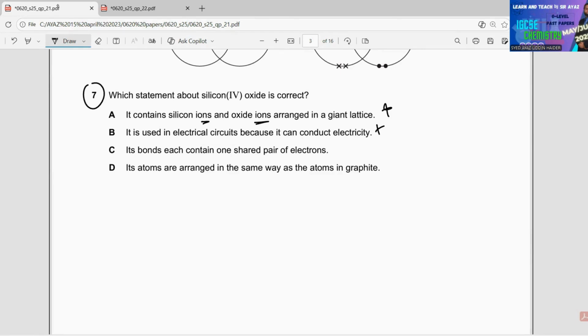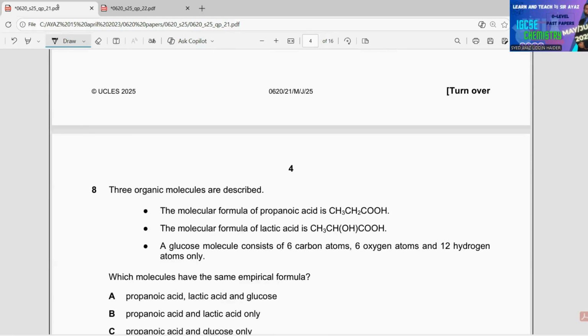C. Its bonds each contain one shared pair of electrons. This looks correct to me because each bond contains one shared pair of electrons. D. Its atoms are arranged the same way as the atoms in graphite. This is also incorrect because they are arranged in the same way as the atoms in diamond, not graphite. C is the final and right answer.